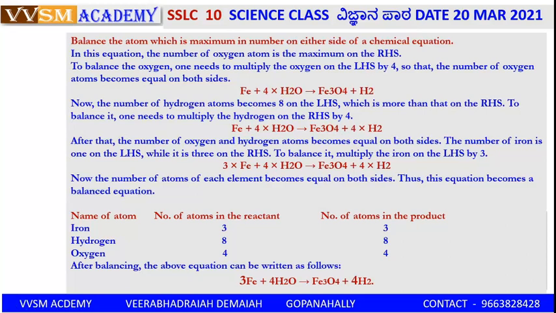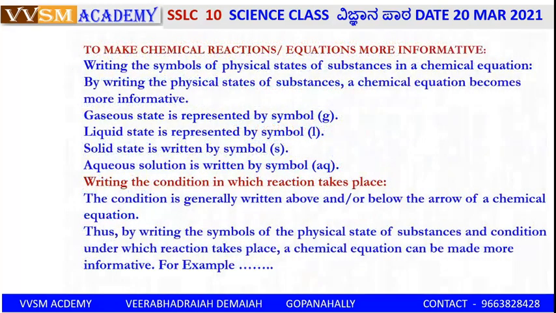This balancing of chemical reactions we have to practice by thinking and balancing several times. Then you can understand balanced chemical reactions. To make chemical equations more informative, we have to mention whether it is in a gaseous state on the reactant and product sides.